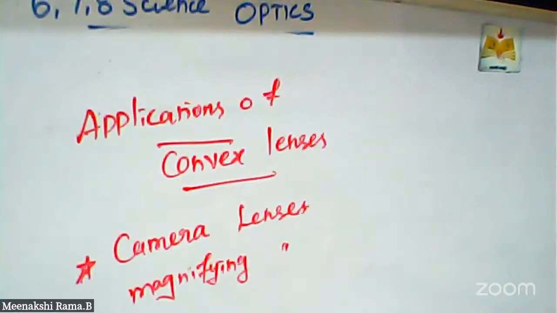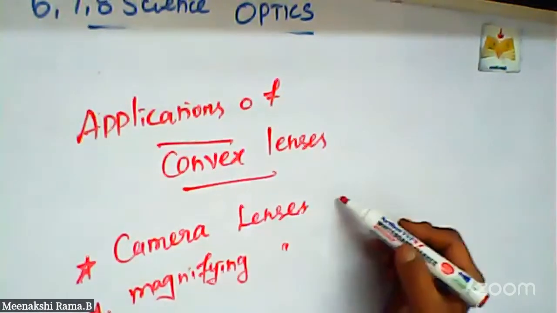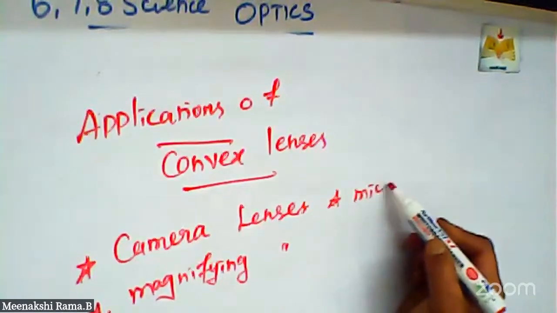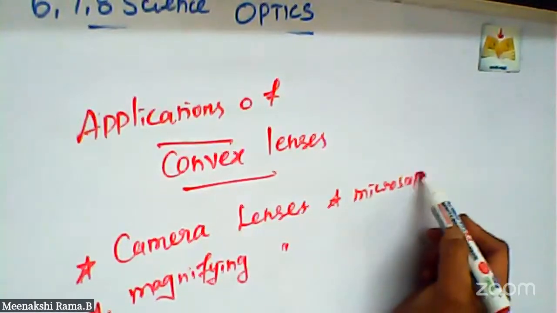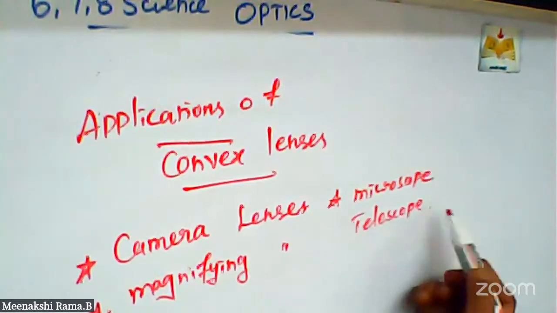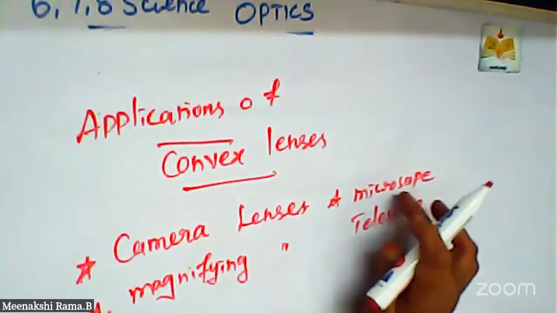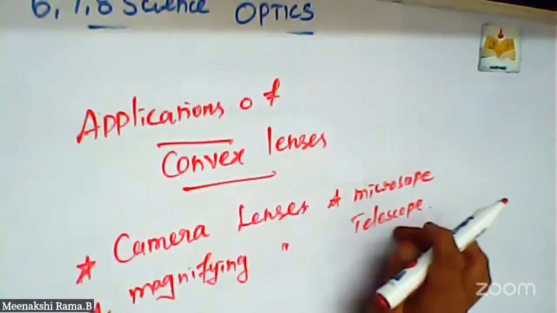Okay, and then the next point, we are using the microscope and telescope, which use convex lenses. A microscope is for very small objects; we can get a clear idea, a large-size picture, with the help of a microscope.